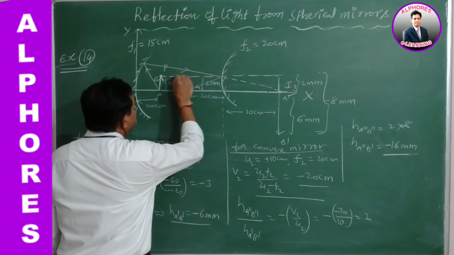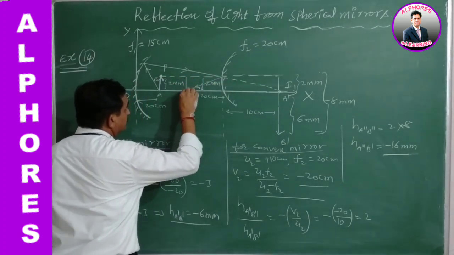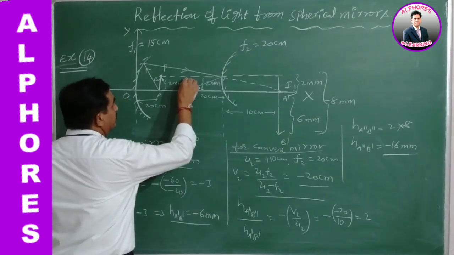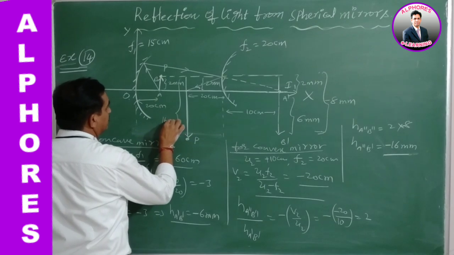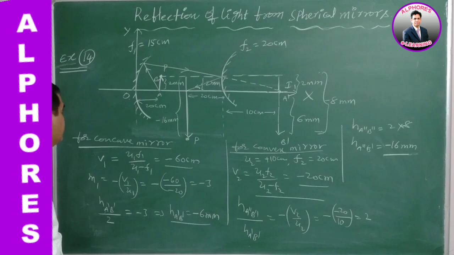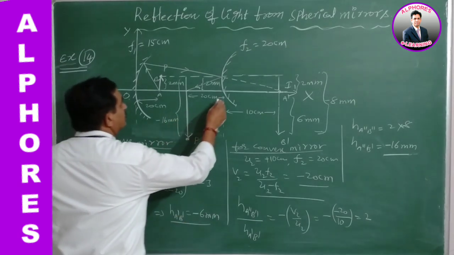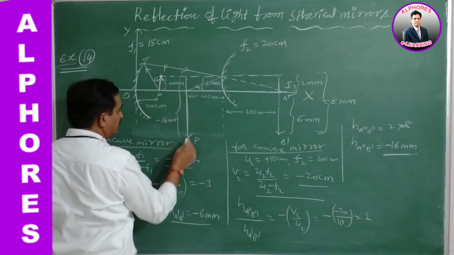From the reference line, that is the principal axis of the convex mirror, from here to here it is total 16 millimeters, minus 16 millimeters below the principal axis, right? So from the origin to this final image, how much here?